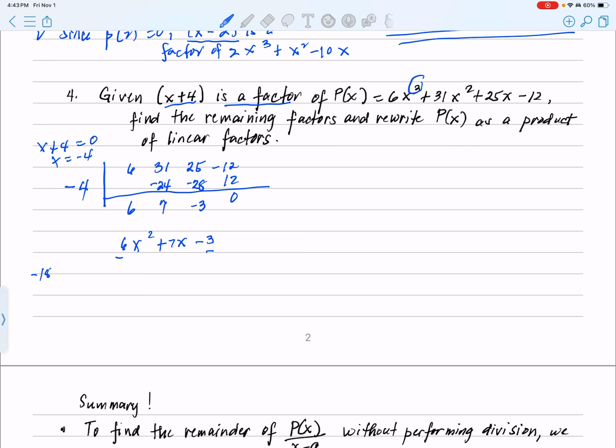So one factor could be 2 and 9. 2 is negative and 9 is positive since our middle term is positive, so the higher number gets the positive value.